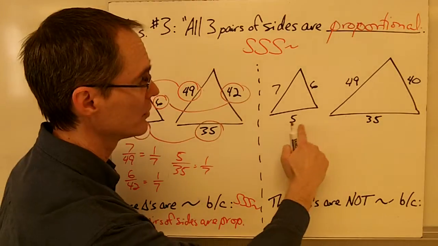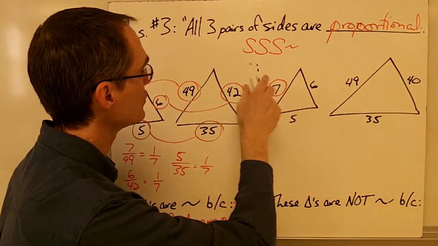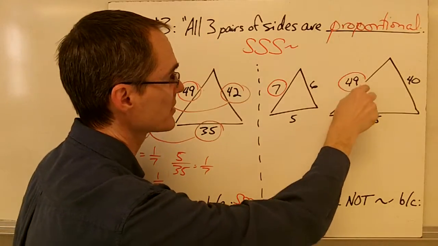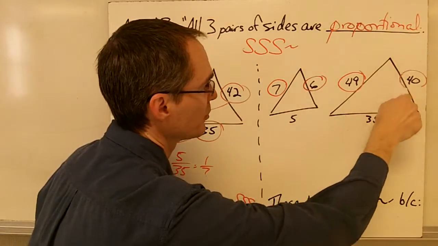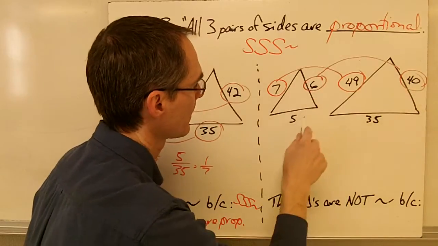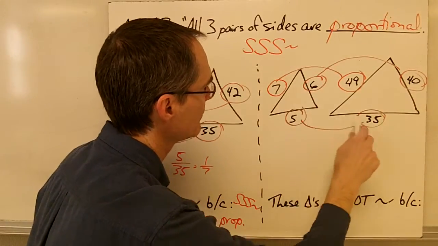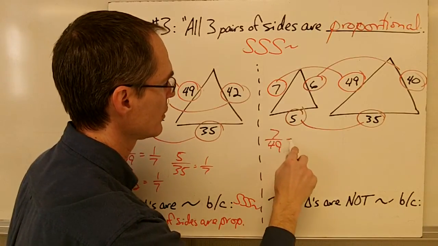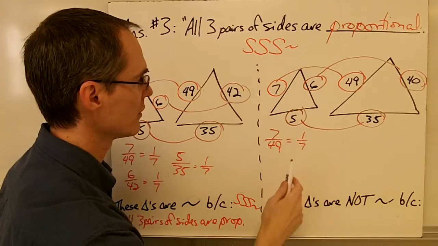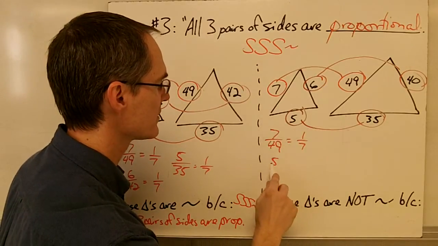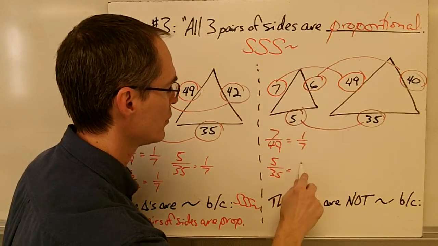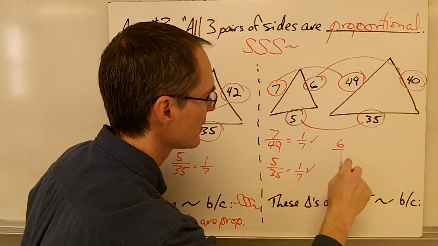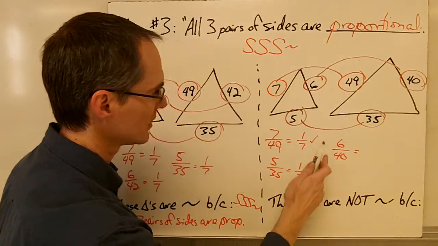Now, these two triangles, notice I would like to use this same answer. I'd like to be able to say that these two triangles are going to be similar because all three pairs of sides are proportional. But I notice that even though I've got this pair of sides, 7 over 49, that equals 1 over 7, and I've got this pair of sides, 5 over 35, which also equals 1 over 7, notice that my other pair of sides, 6 over 40, well, let's see if I reduce that.